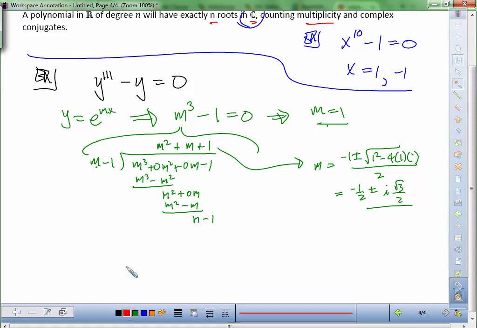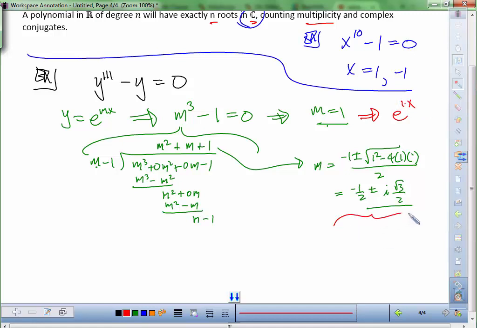So our fundamental solutions should have these things as e to the power, except when you have complex conjugates, you know that we're going to need to expand that. Right? So from here, you're going to get a solution of e to the 1 times x, right? E to the mx.